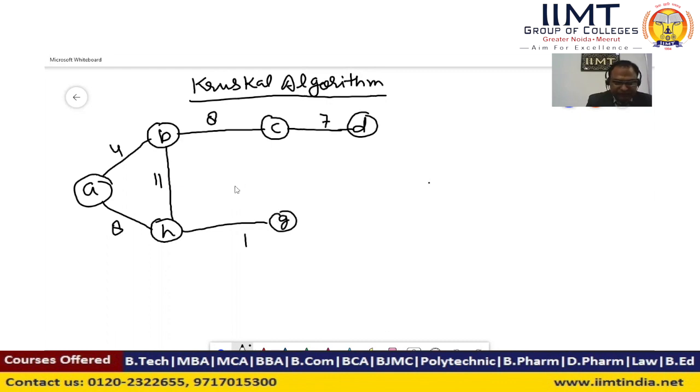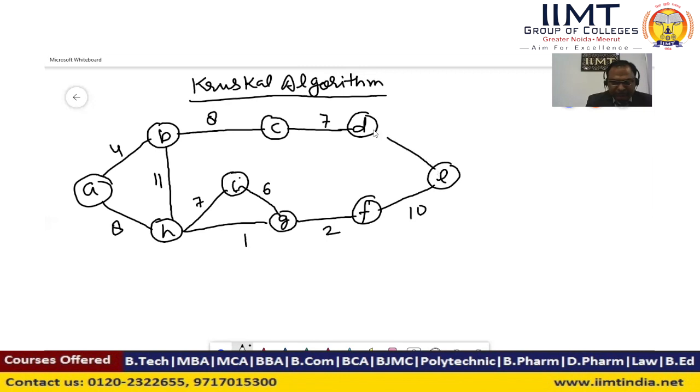Let's say one vertex is I, and the weights are 7, 6. Next is, let's say, F, weight 2, and let's say E, weight 10, weight 9, and weight 40.